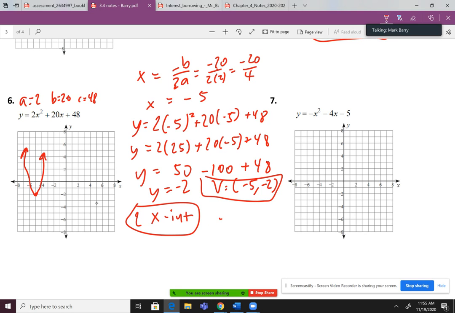My y-intercept is at 48. So it's really high up, so we're not going to be able to graph that. That's okay. You can see that the graph is getting really high really quick, so I can imagine that it'll get to 48 when it hits the y-axis.